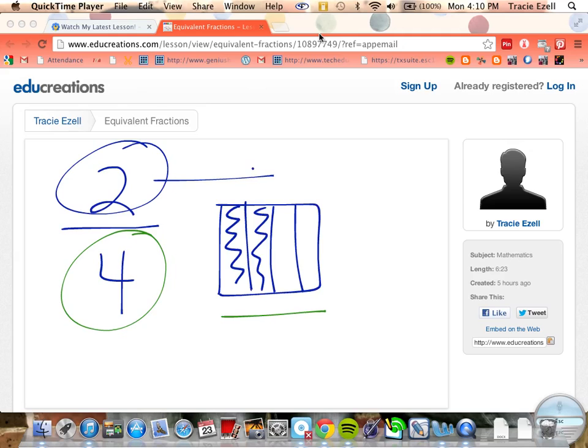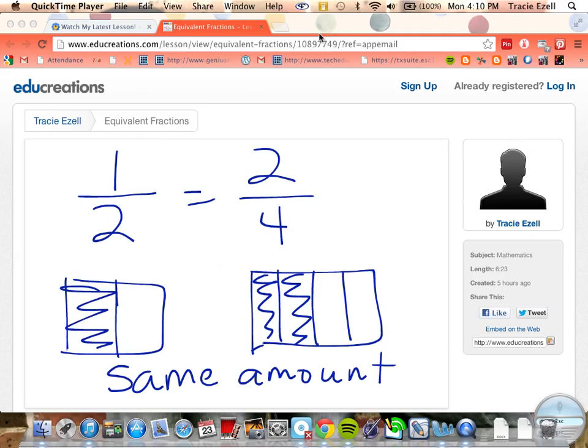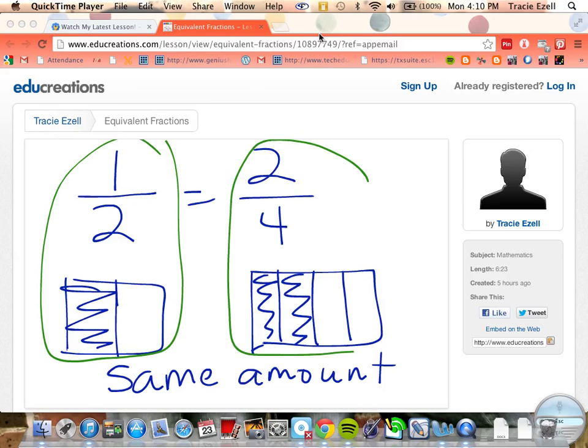You with me? Okay. On this page, we show that 1/2 over here is equal to 2/4 because the same amount is shaded on both sides. The same amount is shaded. They just cut it into different pieces, right?